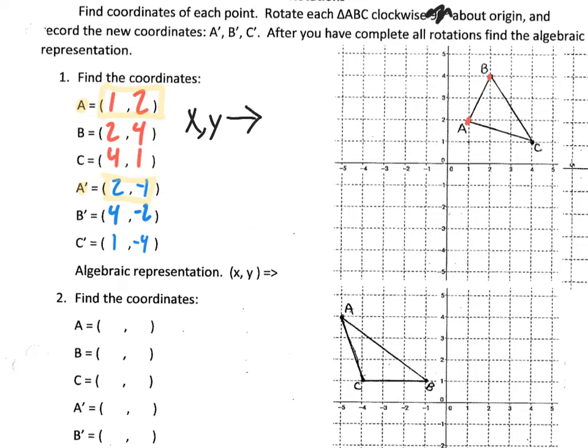Whenever we changed it up, they both swapped places. We went from 1, 2 to 2, 1. But one other thing happened. That original x has changed its sign, from x to negative x. So this will be our algebraic representation for 90-degree clockwise rotations.